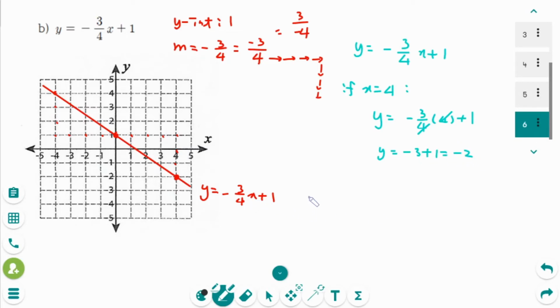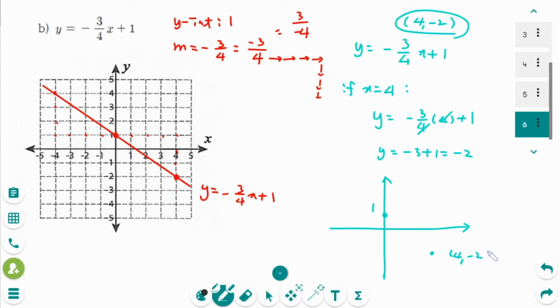That means this line passes through the point 4, minus 2. So draw the axis and plot the y-intercept, which is 1, and 4, minus 2, like this. Then draw the graph. So y equals minus 3 over 4x plus 1 here.